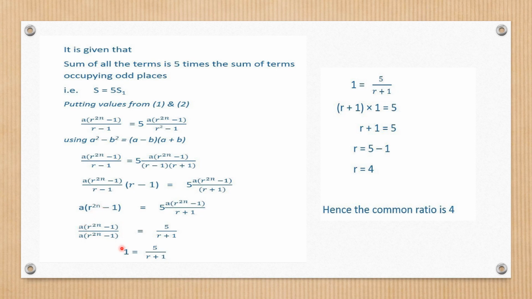On this side I'll get just 1, and on this side I'll get 5 divided by r plus 1. After cross multiplying, I'll get r plus 1 is 5. So r is equal to 4. Hence, the common ratio is 4.